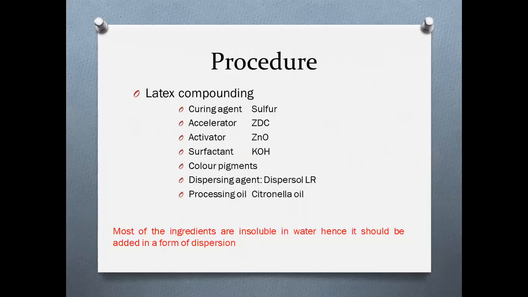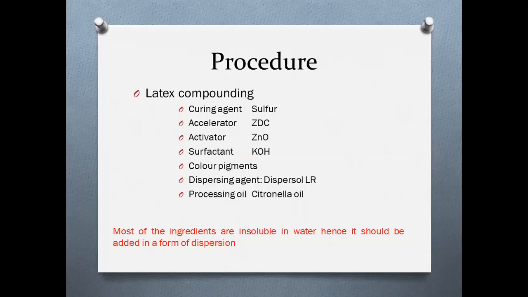The second ingredient is accelerator, that is ZDC, a commercial name. The main function of the accelerator is to accelerate the vulcanization process. And the third ingredient is activator, that is zinc oxide, that will activate the accelerator. So these three are mainly responsible for the vulcanizing process.